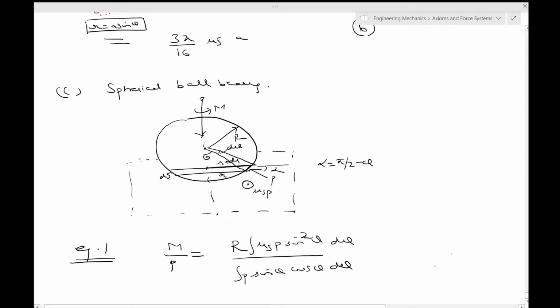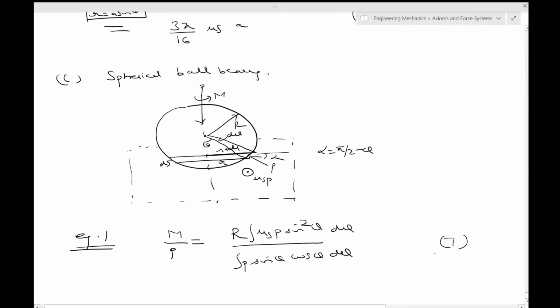This is equation 7. So you have to do it by the same method, okay? Just take this small strip ds and the area would be ds into dr, okay? So in this case, the way to go about it is r will be equal to R sine theta, okay? ds will be equal to R d theta, and alpha is equal to pi by 2 minus theta. So once you substitute all of that in equation 1, you should get this for this case.